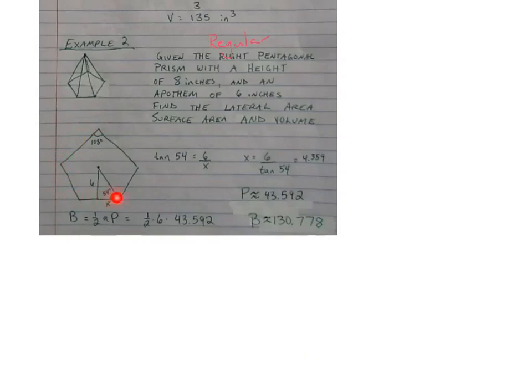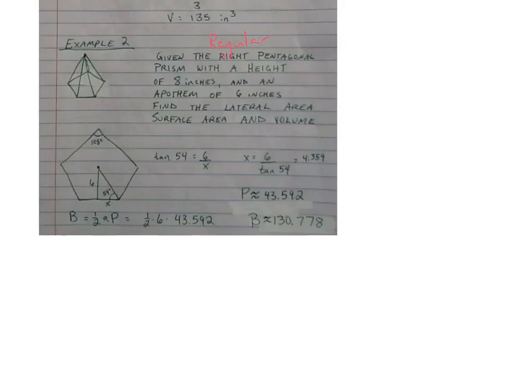So we have a 5-sided polygon with an apothem of 6 inches. And we need to find both the base area and the perimeter, because we need the perimeter to calculate our lateral area, and we need the base area to calculate our surface area.